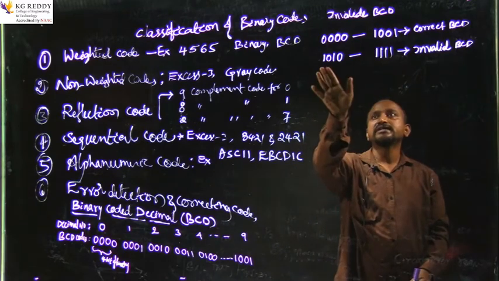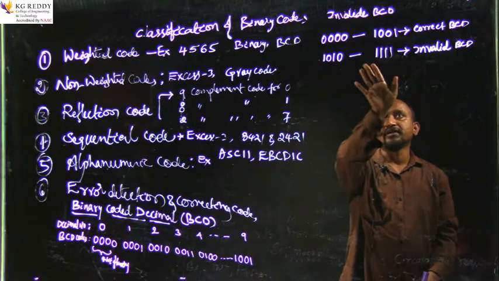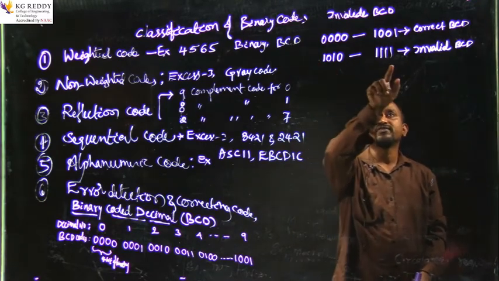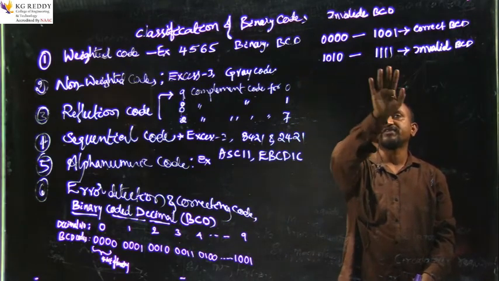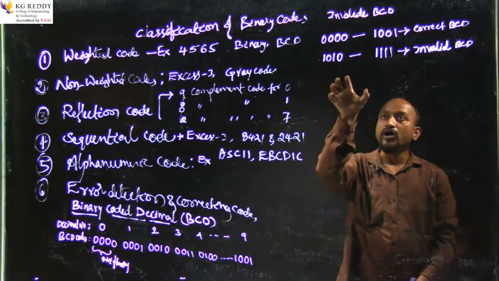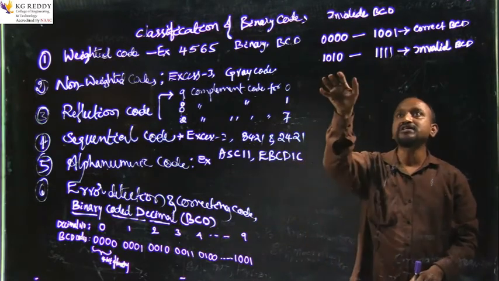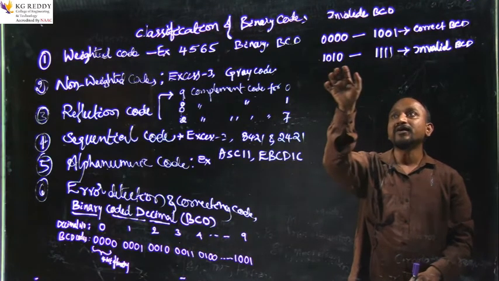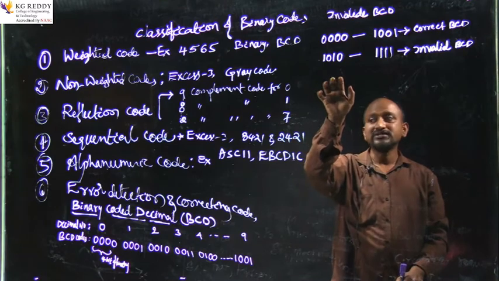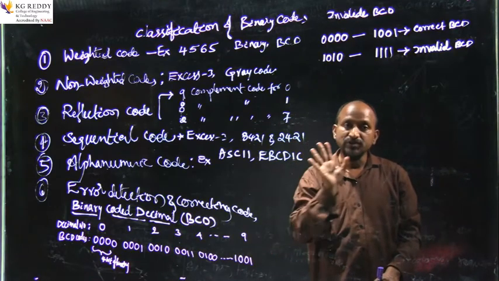Because these are codes which also possess 4 bits of binary, from 10 to 15, or 10 to F. These 6 codes are being used in 4 bits of binary. Even though these are 4 bits of binary, we should not consider them valid BCD because BCD is only up to 9.